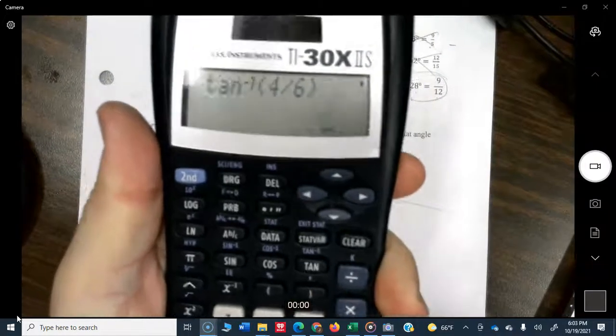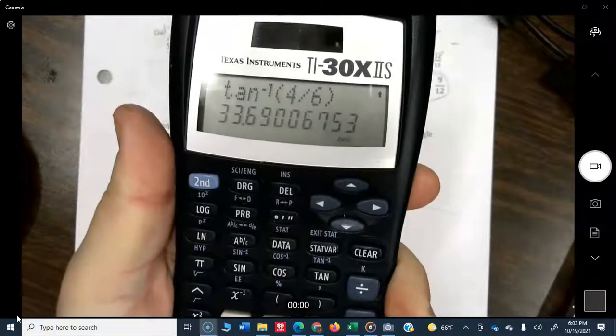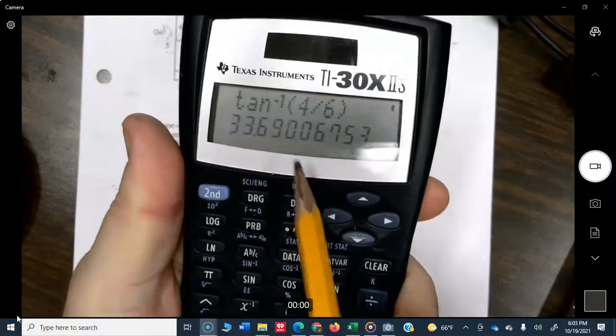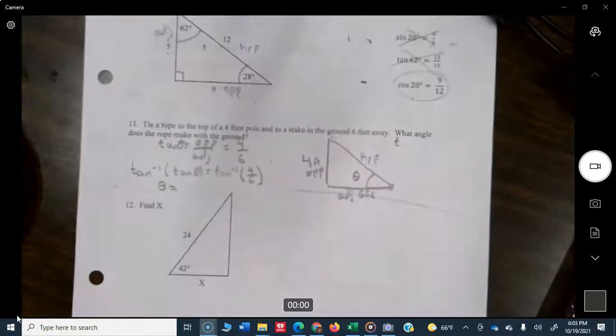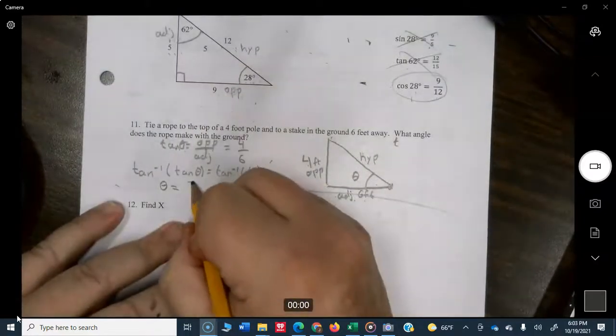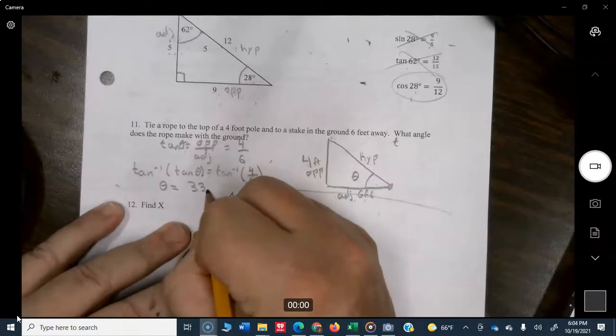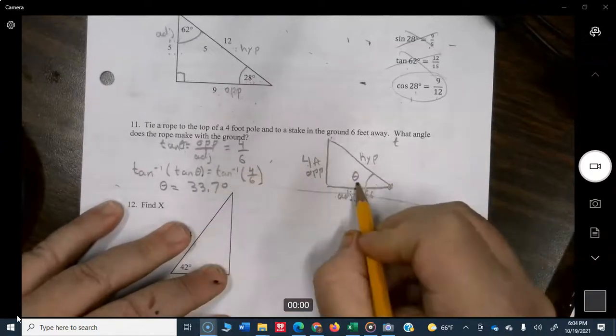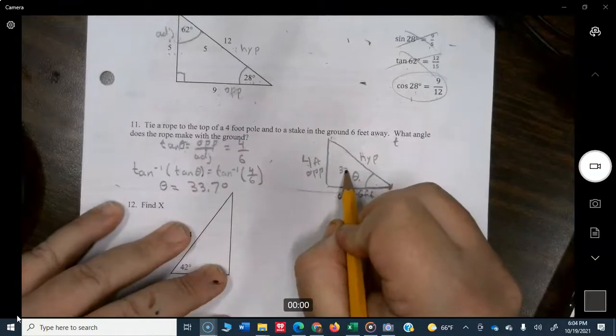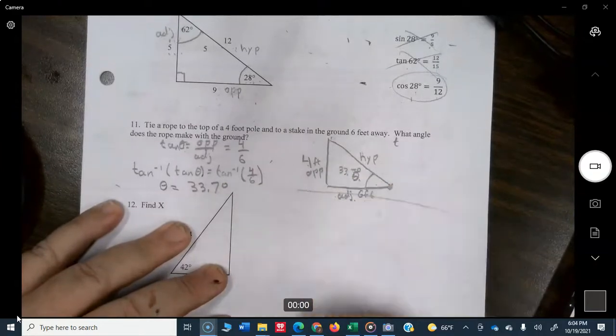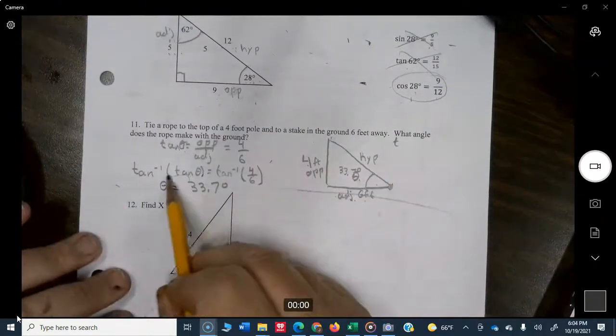You close the parenthesis, and you hit equals, and you get 33.7. So theta equals 33.7 degrees. Remember, you're finding an angle there. So it's that angle right there, 33.7 degrees. Okay, and that's that problem.